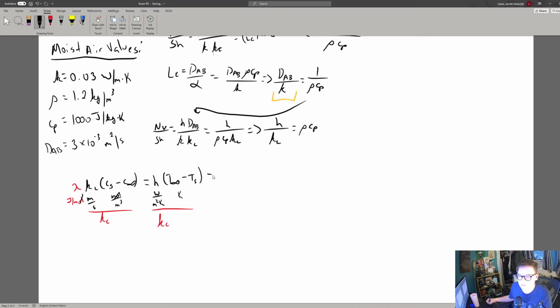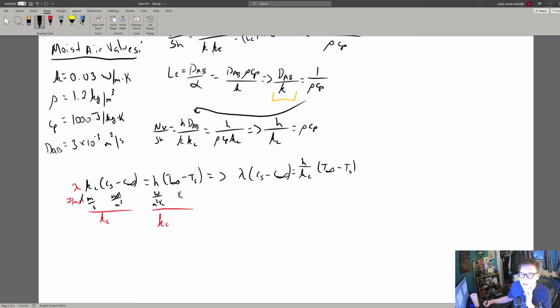And we're going to get this new equation where the heat of vaporization times the difference in the concentrations is equal to the heat transfer coefficient over the mass transfer coefficient times the temperature of the environment minus the temperature at the surface.